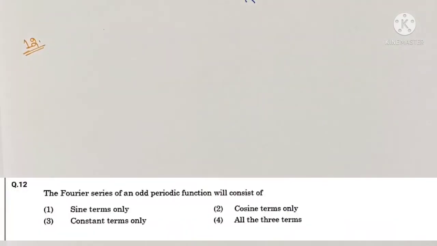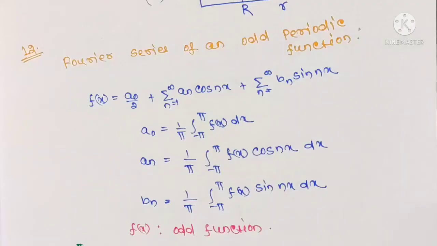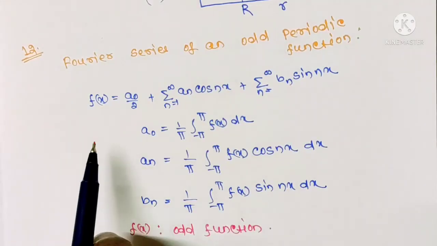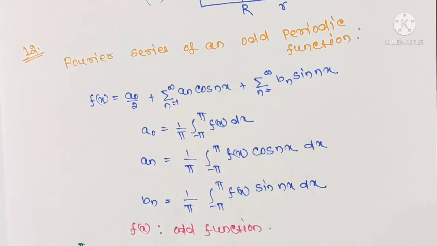Question number 12. The Fourier series of an odd periodic function will consist of. We know the Fourier series of a periodic function is given by this, where a naught, an, bn are calculated using these relations.